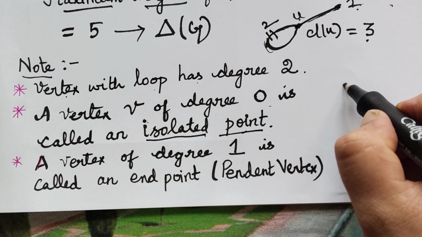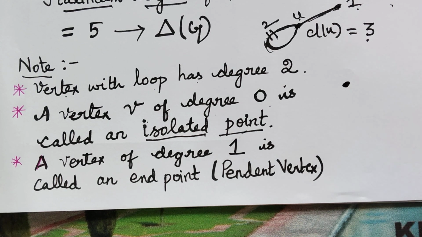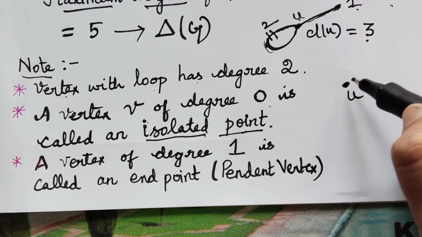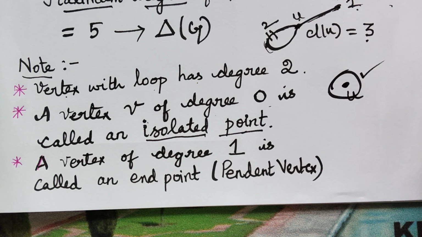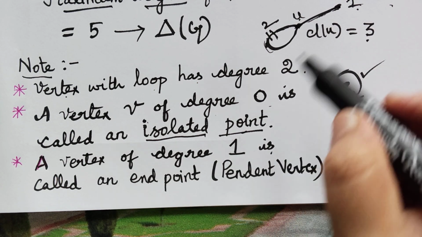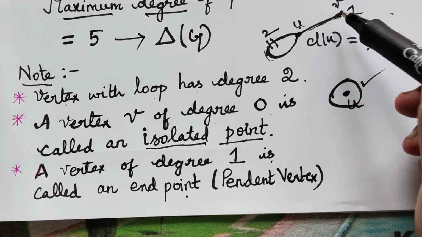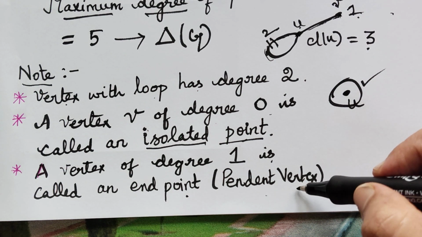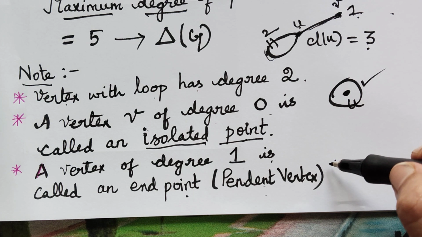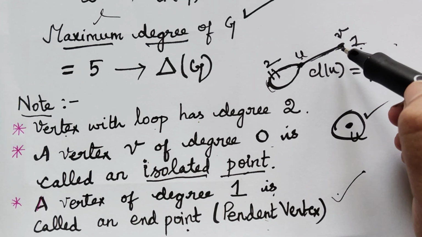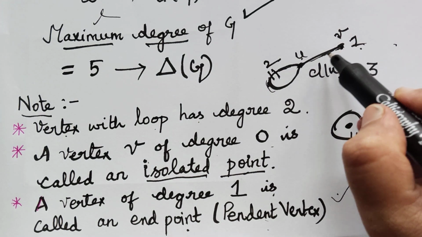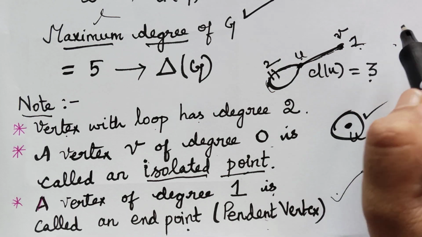If there is no edge incident to it, like this vertex U with no edge incident to it, it is known as an isolated point. And a vertex of degree 1, as I told you here, is called an end point, or it can also be called a pendant vertex. This edge is known as a pendant edge.